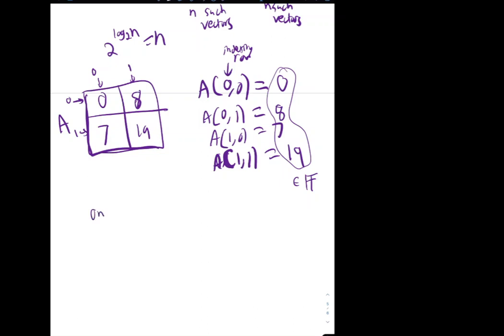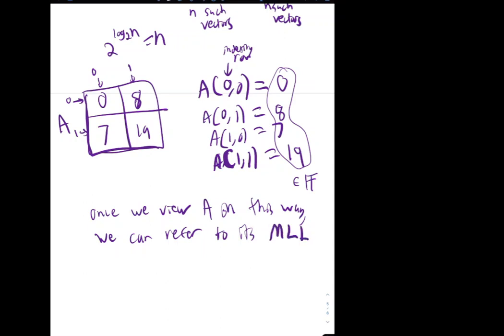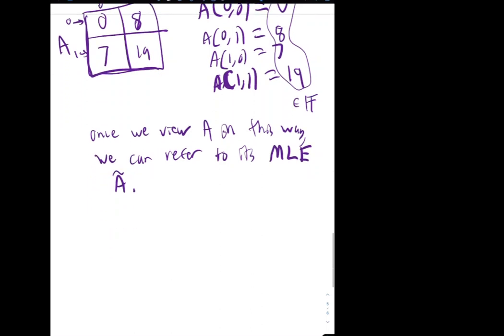Once we view A as a function with that domain, it makes sense to refer to its multilinear extension polynomial, which I'll abbreviate MLE, and I'll call it A twiddle.